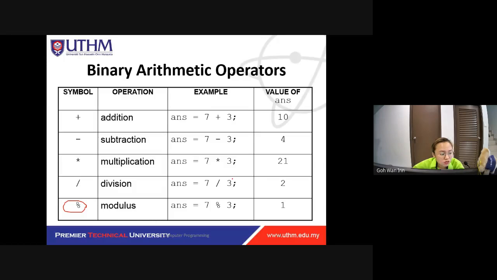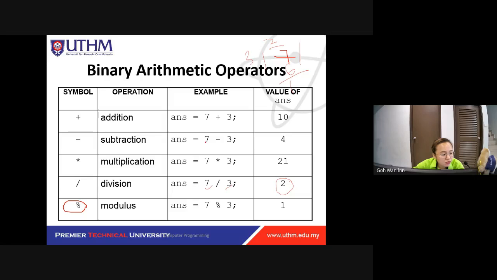Why is it 2? Because here it is integer and integer. Let me get a pen. 7 divided by 3: 2, 3 times 2 you get 6, remaining 1, right? So if it is integer and integer, it will show you the integer answer, not the floating type.